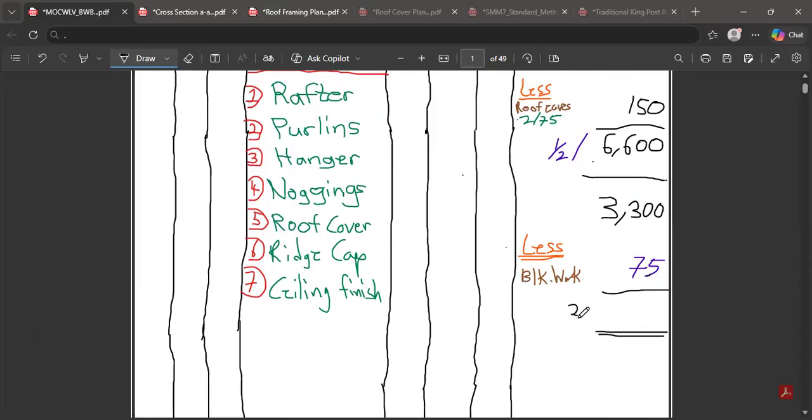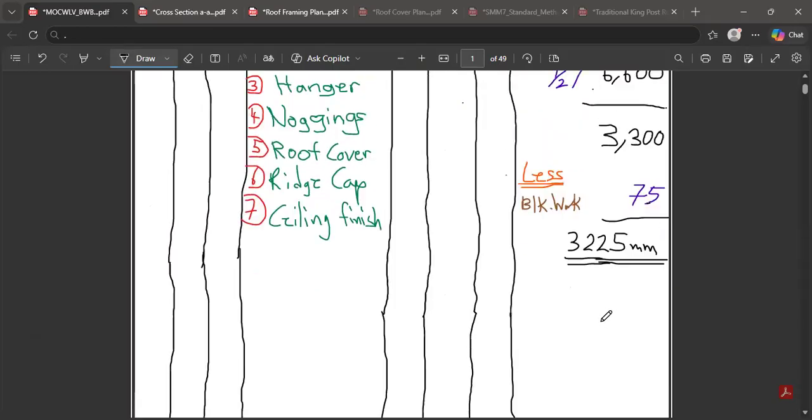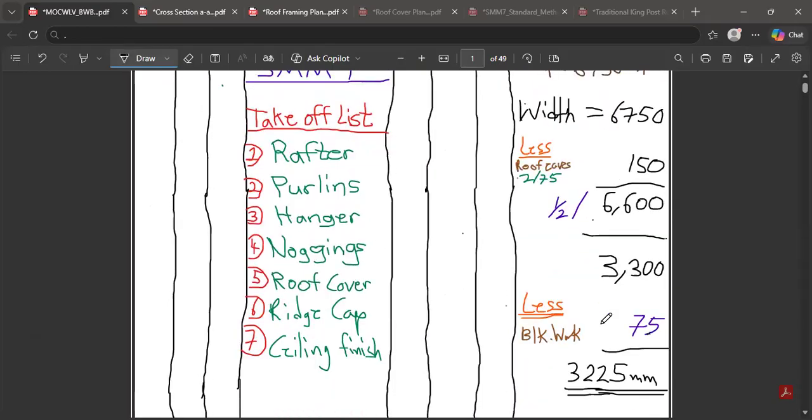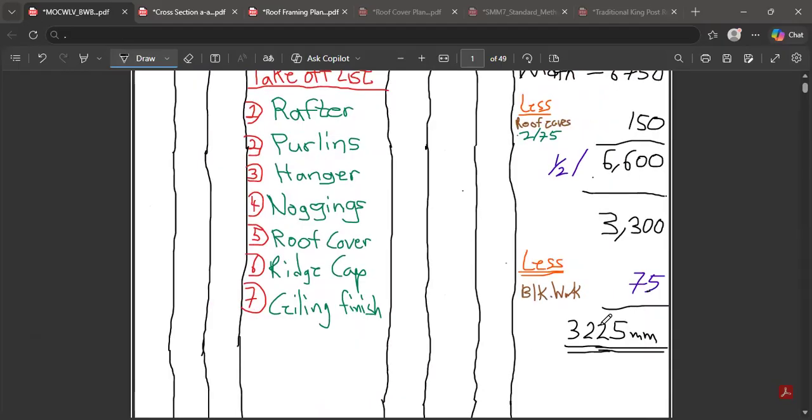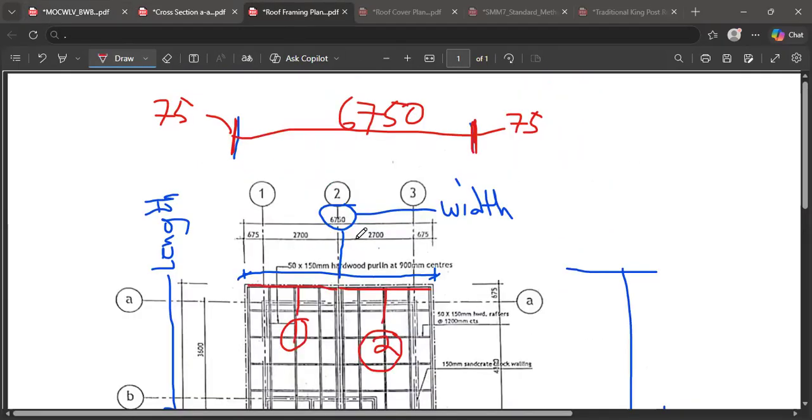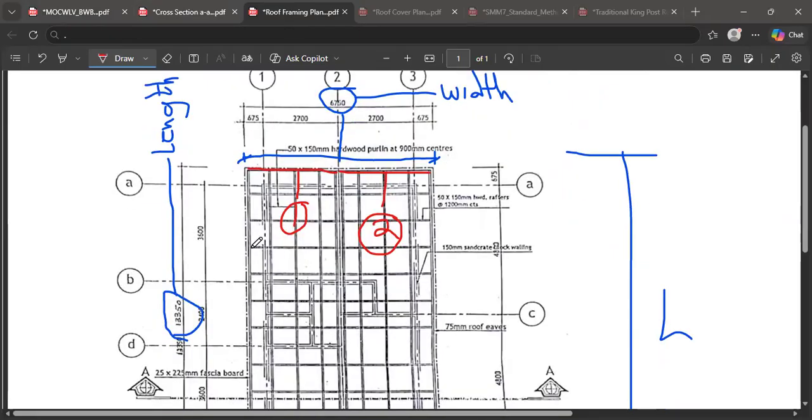So this becomes 3,225 millimeters. Exactly. So from here, now we know the length of one rafter. Let me use a pen to indicate it over here.